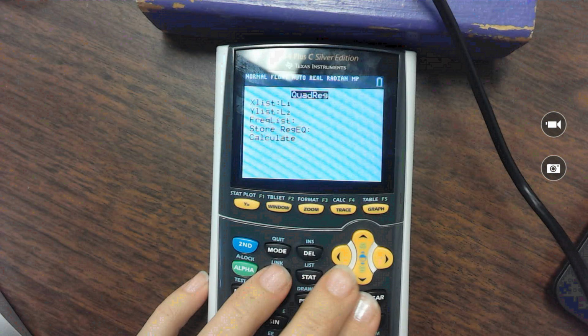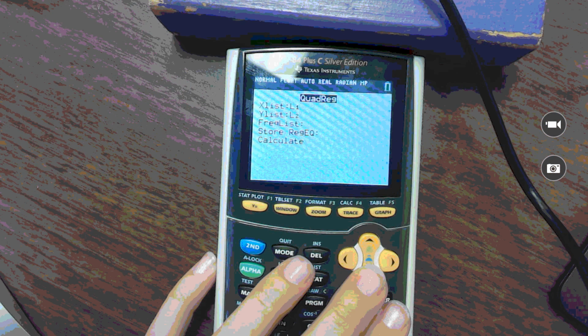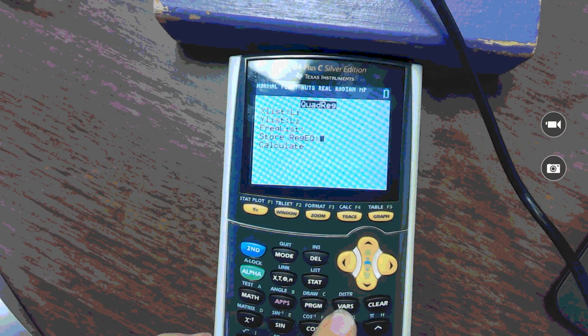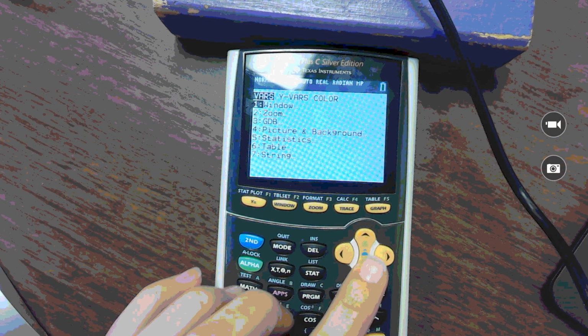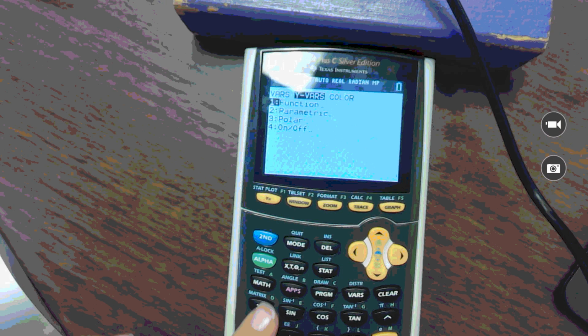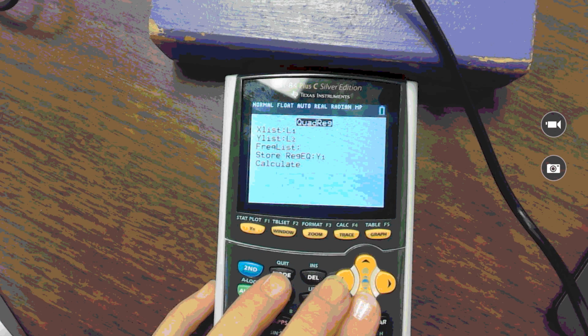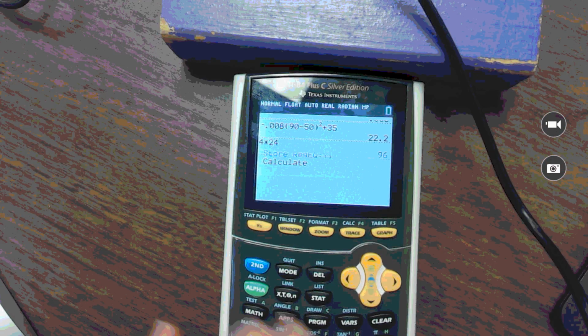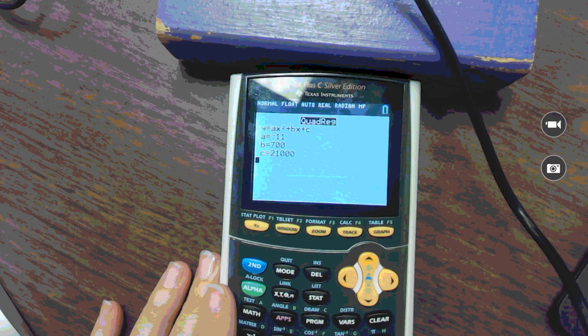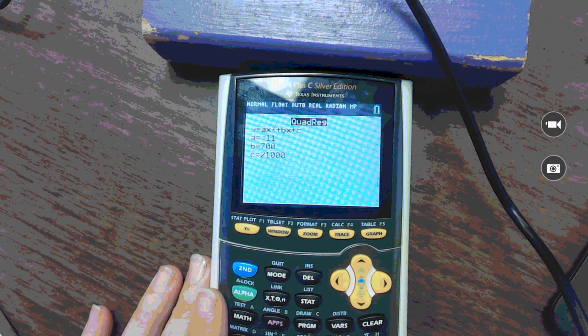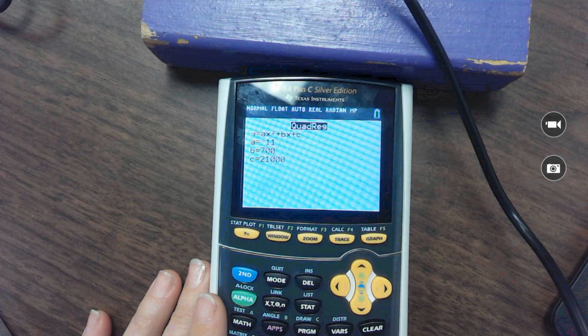Go ahead and store this as normal in the regression equation by pressing vars, going to y vars, and pressing 1, and then 1 again. Go down to calculate and press enter, and that is it right there. That is the quadratic equation. We really didn't do any math ourselves.